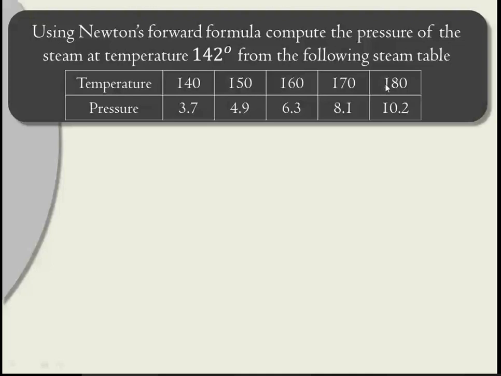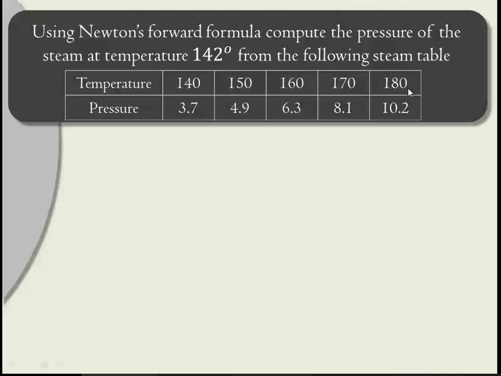Whenever the difference between these values is the same, only then can interpolation formulas be applied. If it is not the same, we cannot use Newton forward or backward formulas. We have to use another method. So this method can be used only for such type of terms.